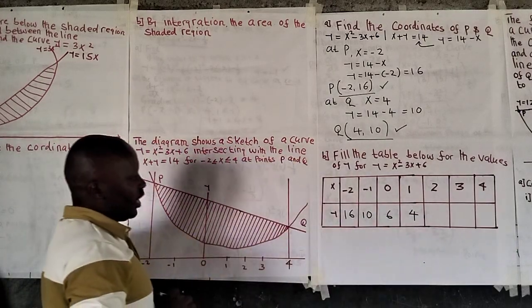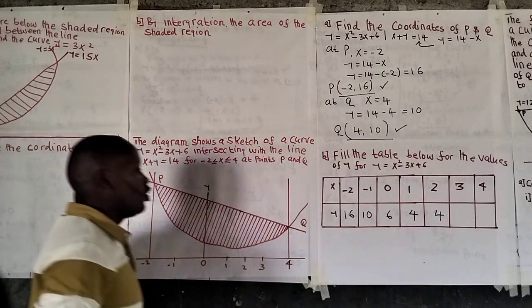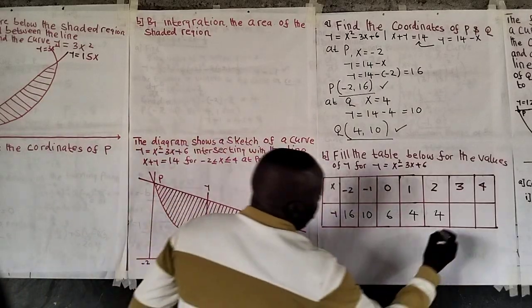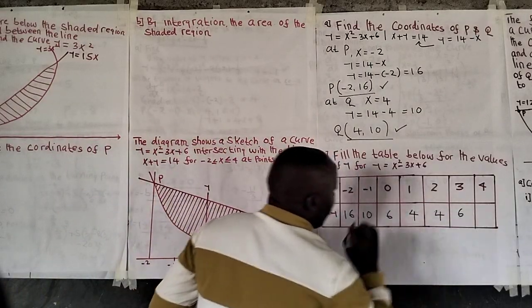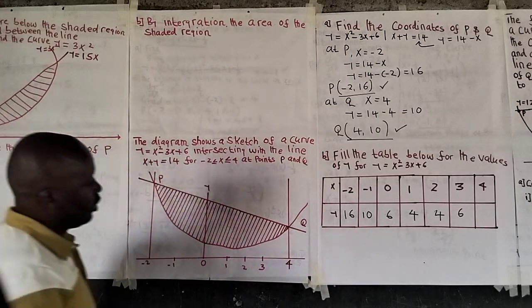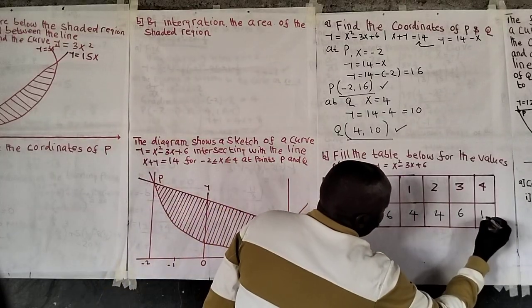When x is 3, y is equal to 6. And when x is 4, y is equal to 10.